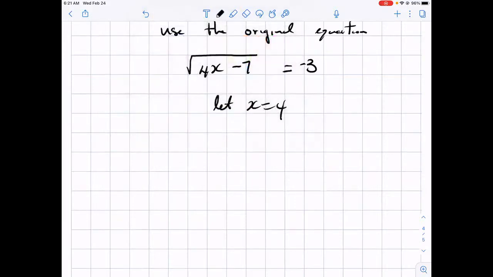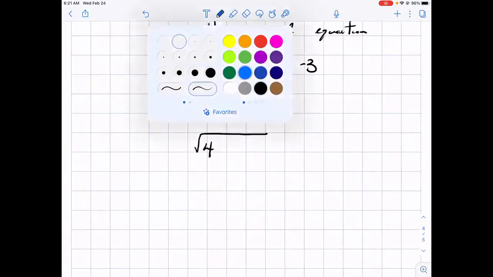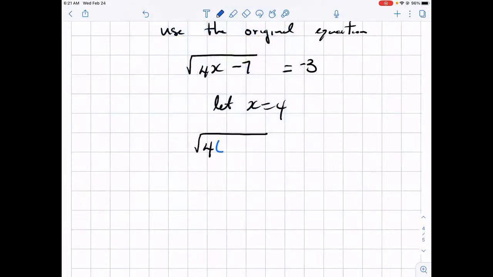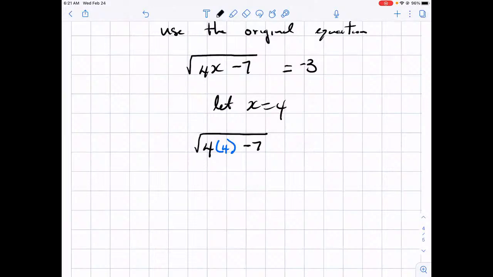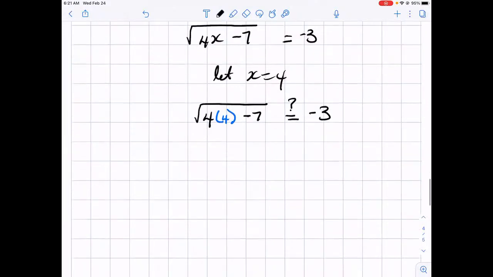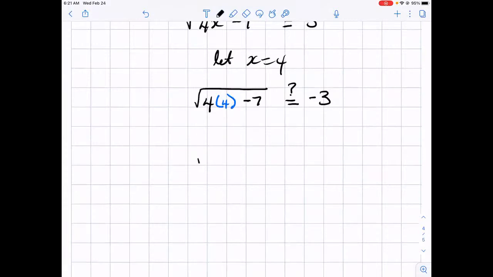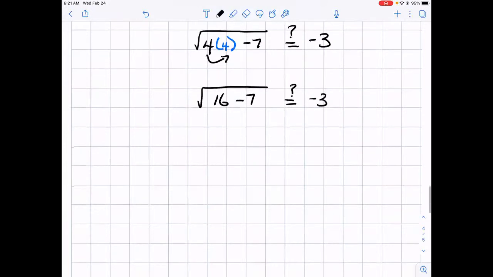So we have the square root of 4, and now we're going to replace x with 4. This is what we want to know. Is this true? Okay. So 4 times 4 is 16. So 16 minus 7, the root of that, would that be equal to -3?